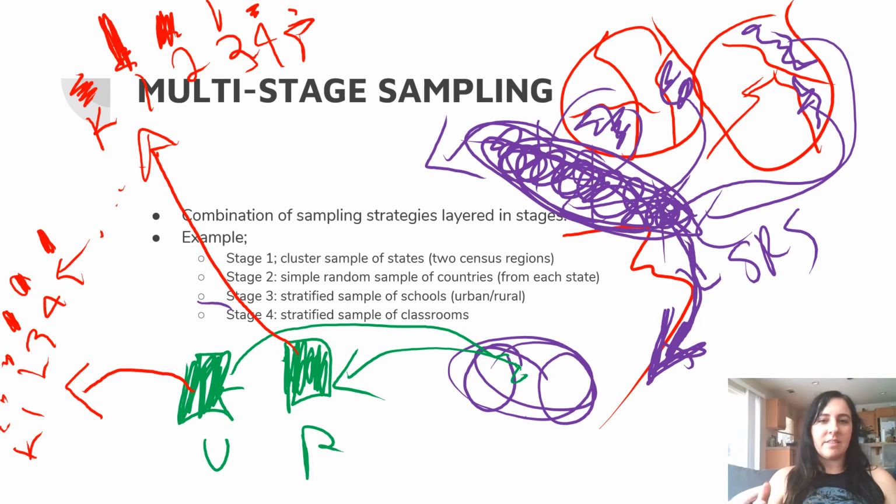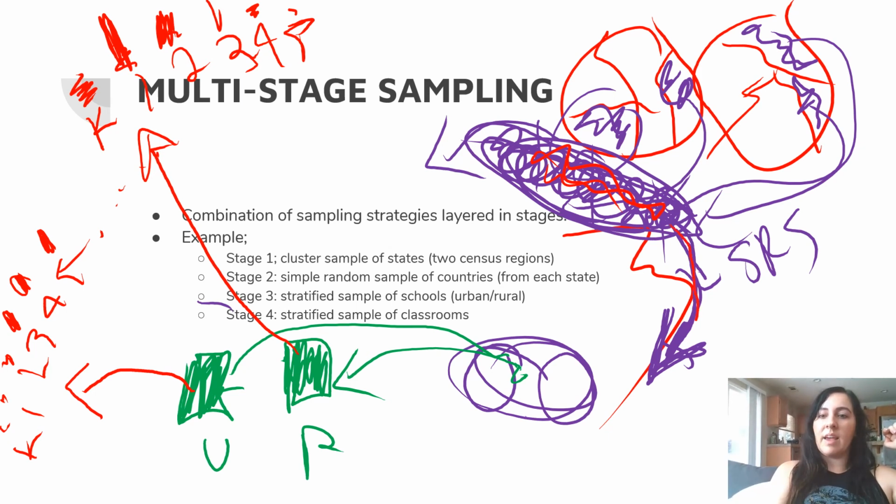So this is you going from 2 full states' worth of data, a gigantic list of schools from both states. This first step was to cluster them. And then from there, we did a simple random sample from the different counties or the states.